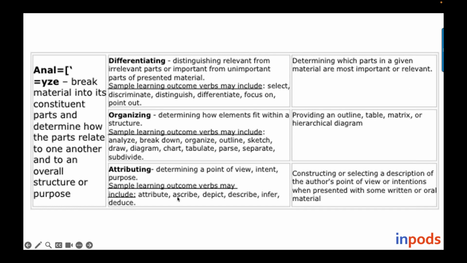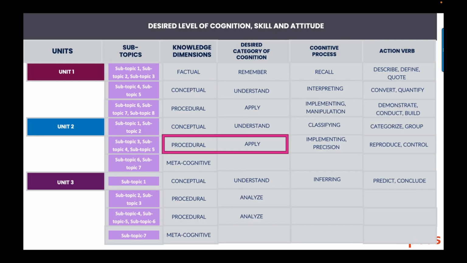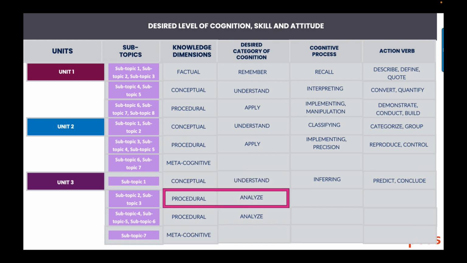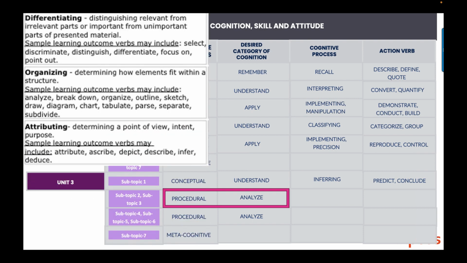When we now come to the content of my course which is associated with the analyze level of cognitive level, right? So let's say for this procedural knowledge I have to take the students to the analyze level. So naturally I will refer to a similar rubric, and then I will choose the action verbs accordingly.